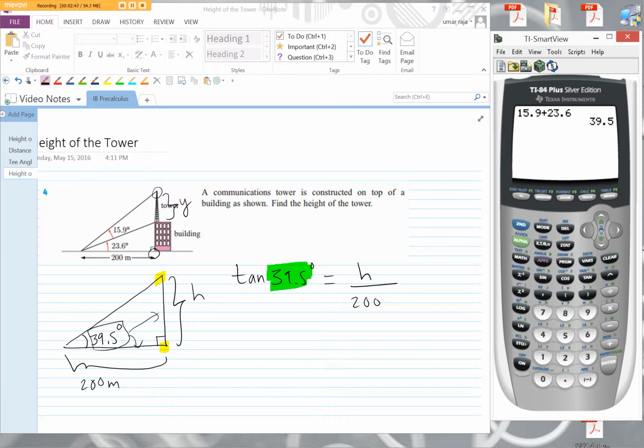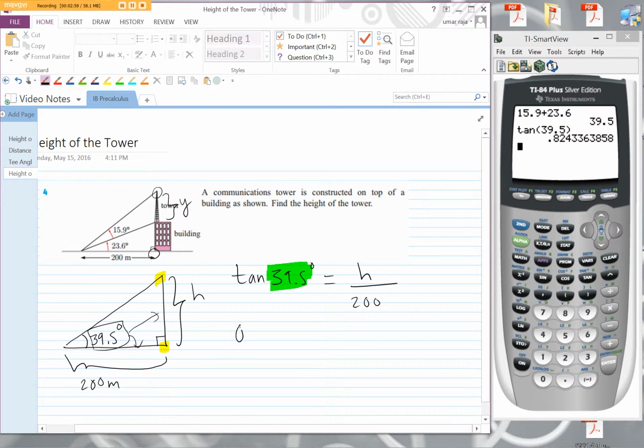How are we going to actually solve for this? Well, I would personally do this. Let's put in tangent of 39.5 degrees, close the parentheses, hit the enter key, and that's going to give you 0.824 on the left-hand side of the equation, which is equal to h over 200.